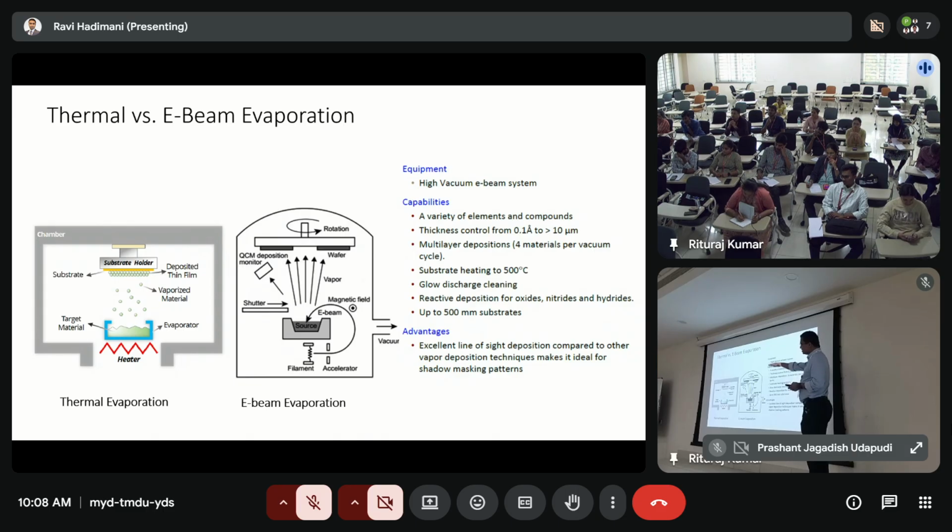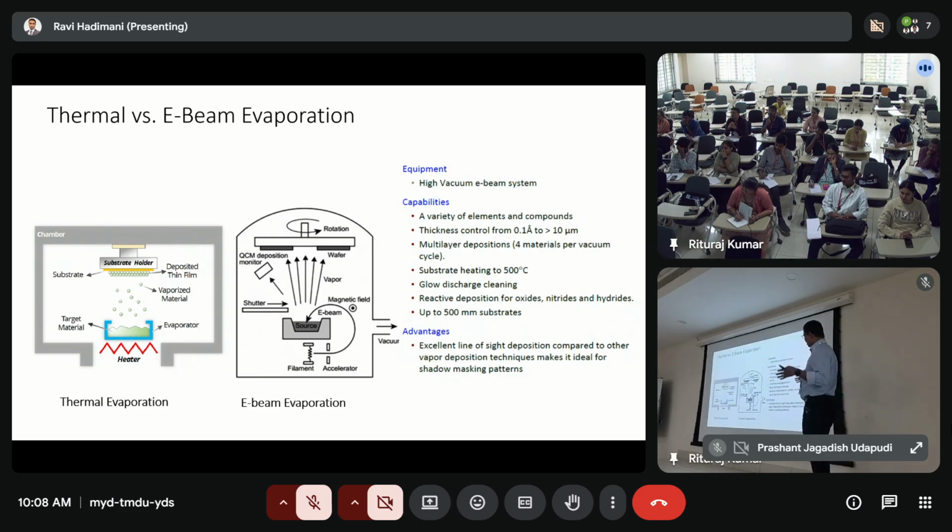And normally, you heat the substrate to some high temperature so that the deposition is good, and then you can use up to a 500 millimeter substrate, which means 50 centimeters, half a meter.